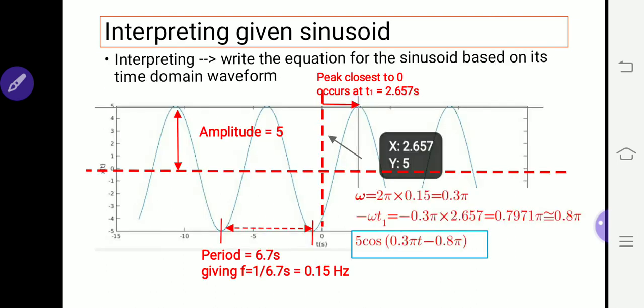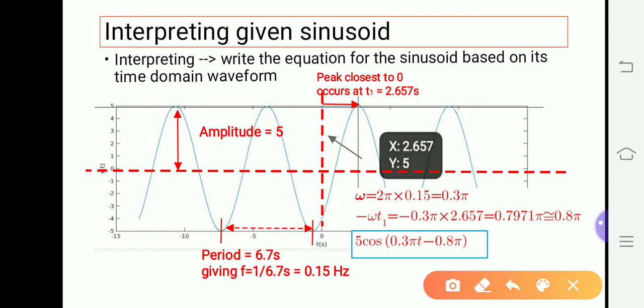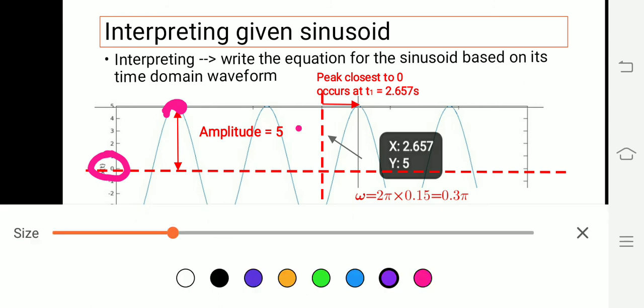Now this is one example to interpret sinusoids. When we talk about interpreting, it means we want you to give the equation that represents the sinusoid. Here, first we find the amplitude. Amplitude is the positive swing starting from 0. Here we find the amplitude is equal to 5.